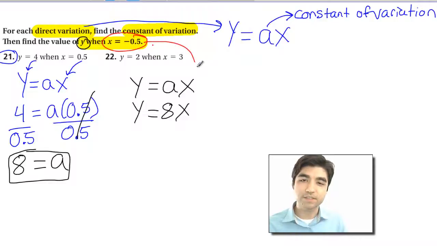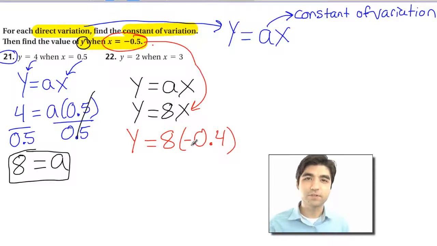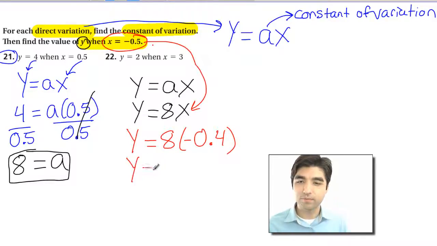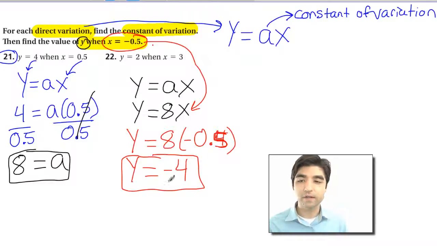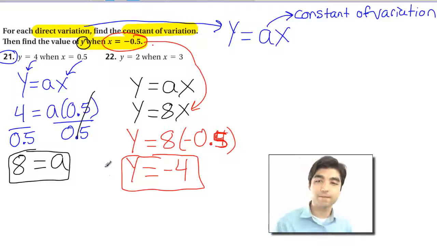So we put the negative 0.5 in for x, so we have y equals 8 times negative 0.5, which equals negative 4. So that would be our two answers for question number 21.